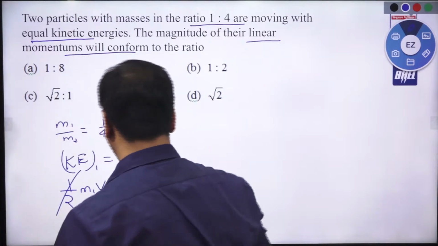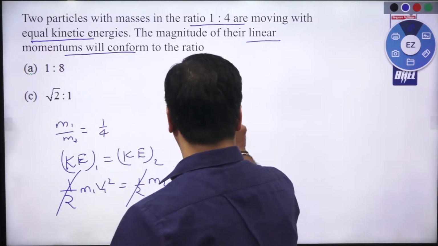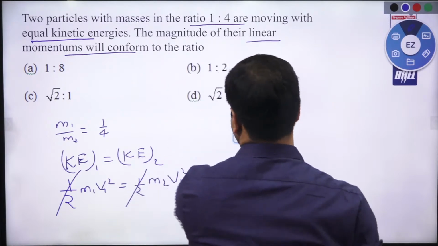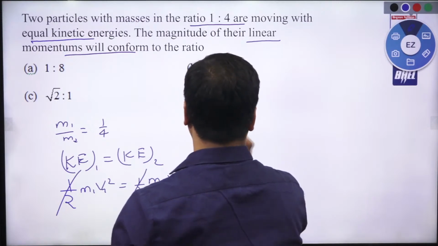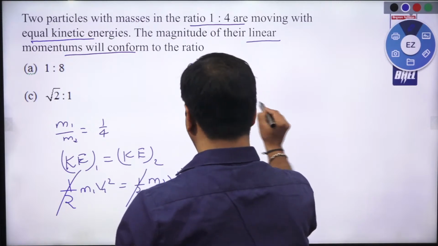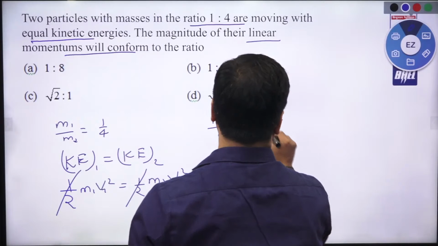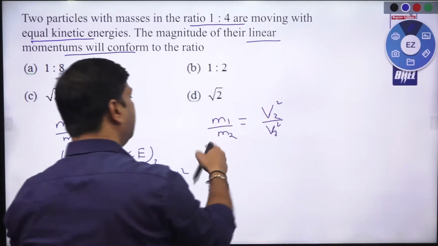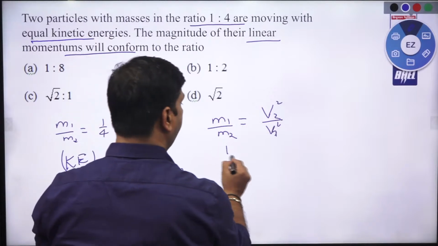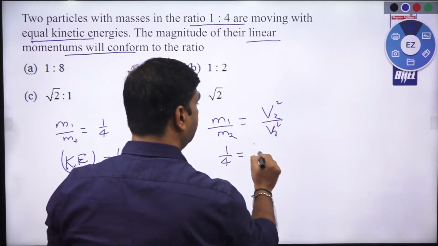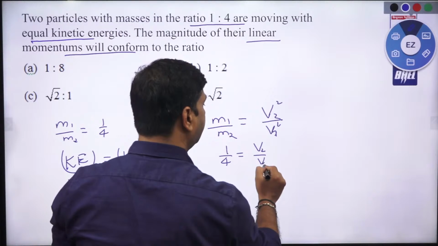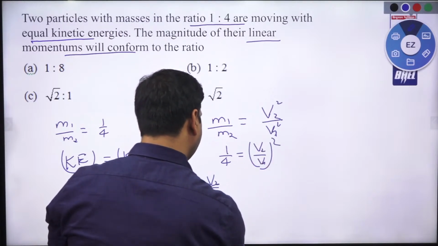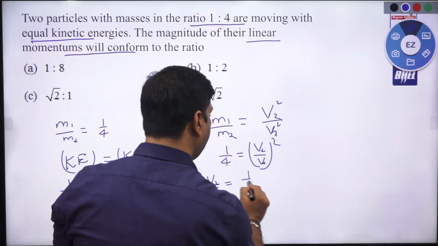So from here we can write m1 upon m2 equals v2 by v1 whole square. Since m1 by m2 is given to be 1:4, that is v2 by v1 whole square. So v2 by v1 came to be 1/2.